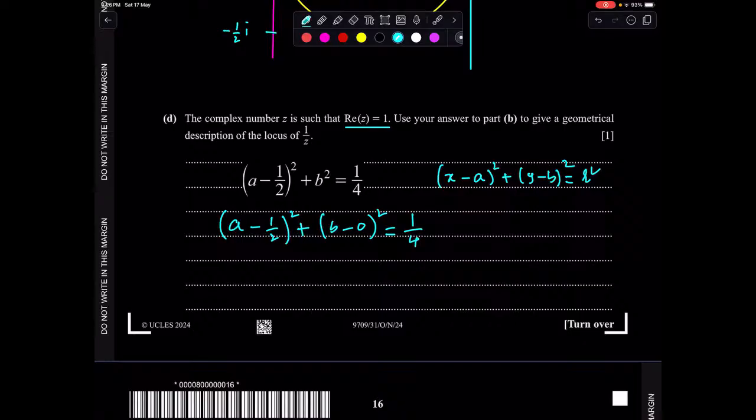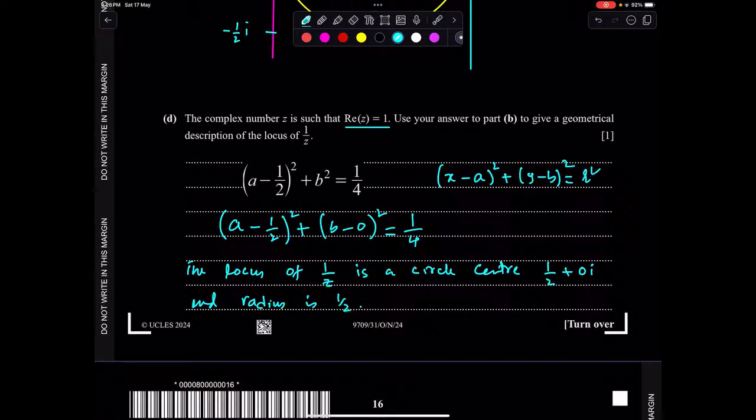So the locus of 1 upon z is a circle, center at half plus 0i and radius is 1 upon 2.